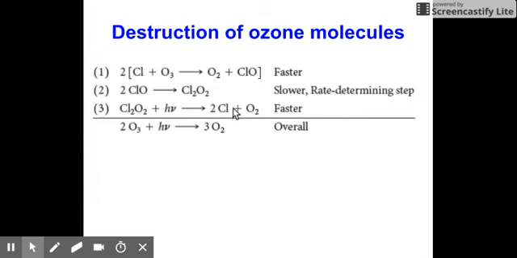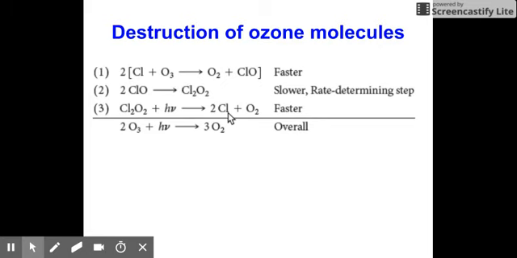But this chlorine will trigger another reaction that's catalytic, meaning it's very fast in destroying your ozone, because this Cl will go back again to step one and will trigger the destruction of your O₃, forming these compounds.